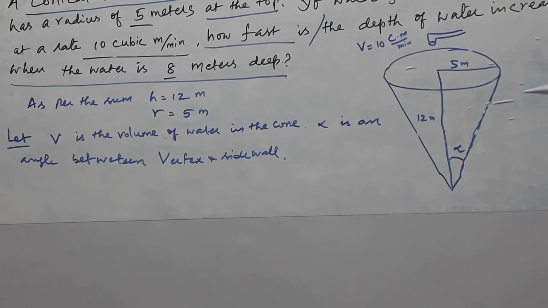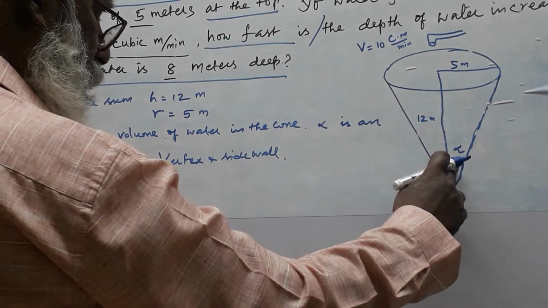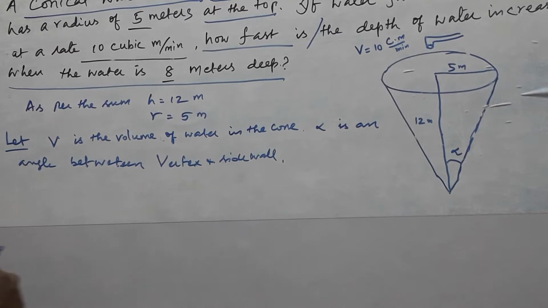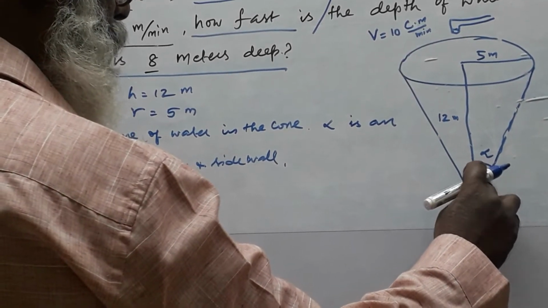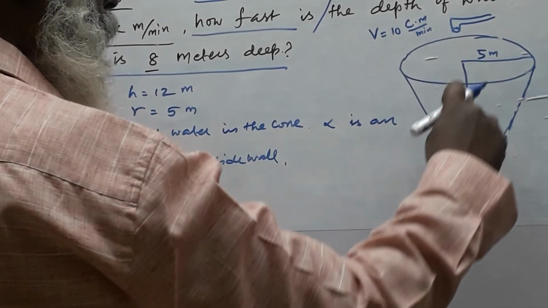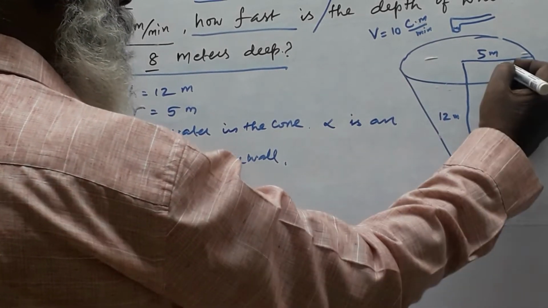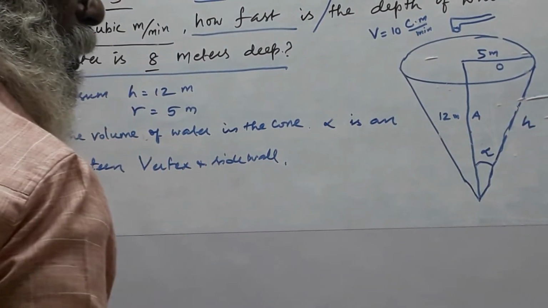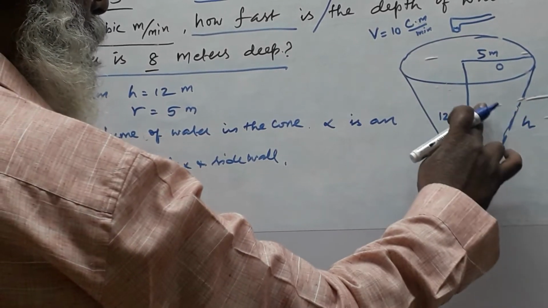Now, according to the figure, we can find tan alpha. Tan alpha is nothing but opposite side by adjacent side. This is the hypotenuse, this is the opposite side, this is the adjacent side. Are you clear?